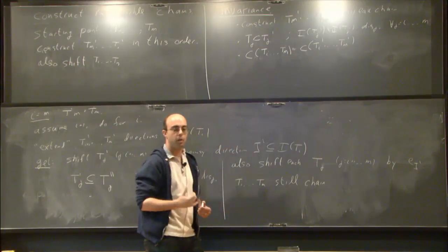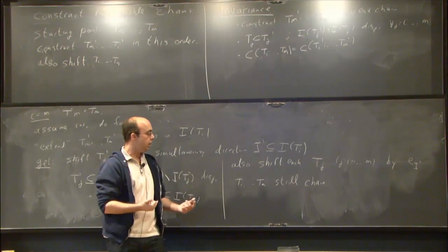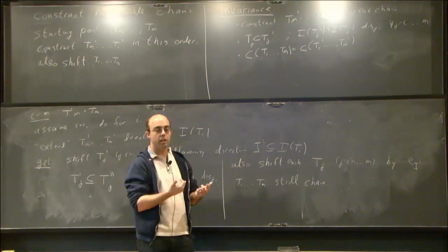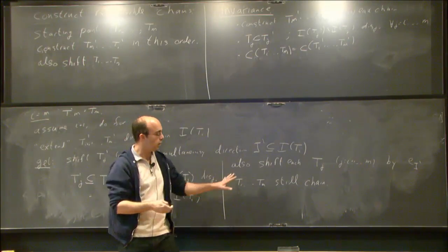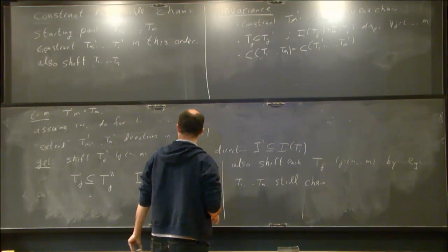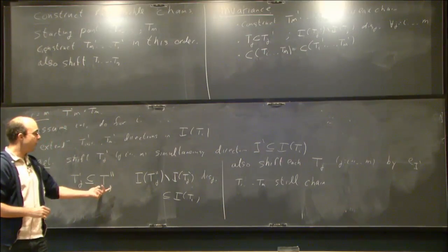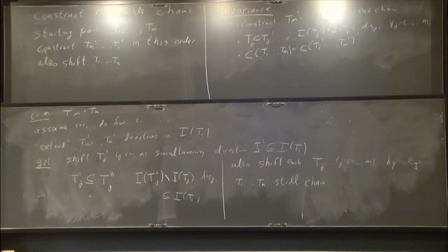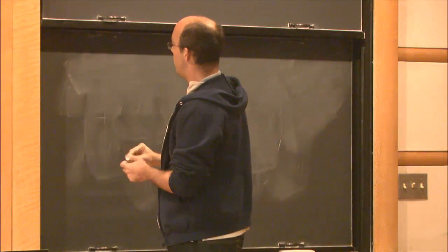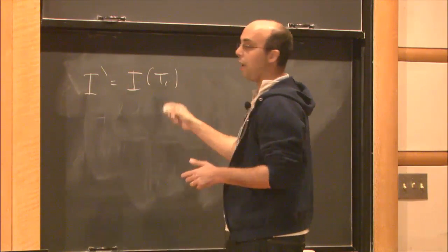Why is it still a chain? These are still sensitive trees, because when we shift them they have to stay sensitive trees. And we only shifted in directions in T_i, so it's still connected to the cube. T_{i+1} is still connected to the cube defined by T_i, so it's still a chain. This will be the first operation that we do. Also, these new trees are invariant. Let me define I' to be the directions of the tree T_i that we haven't used, that are invariant.